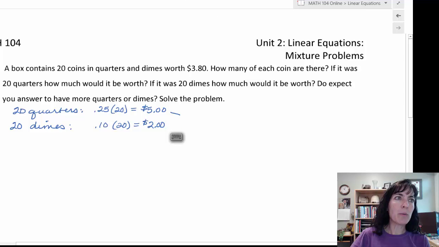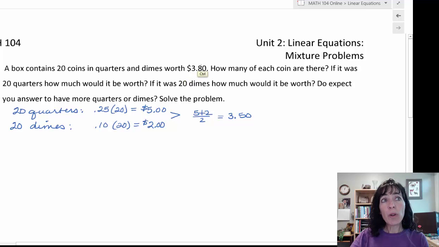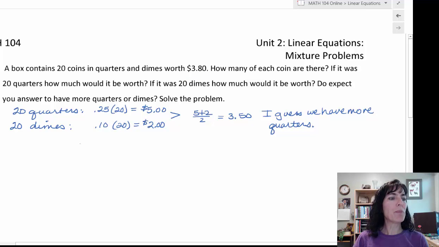I suspect it'll be exactly halfway, so 5 plus 2 divided by 2. So it's going to be 7 halves, or $3.50. We're a little bit over that amount. I would guess that we have more quarters.